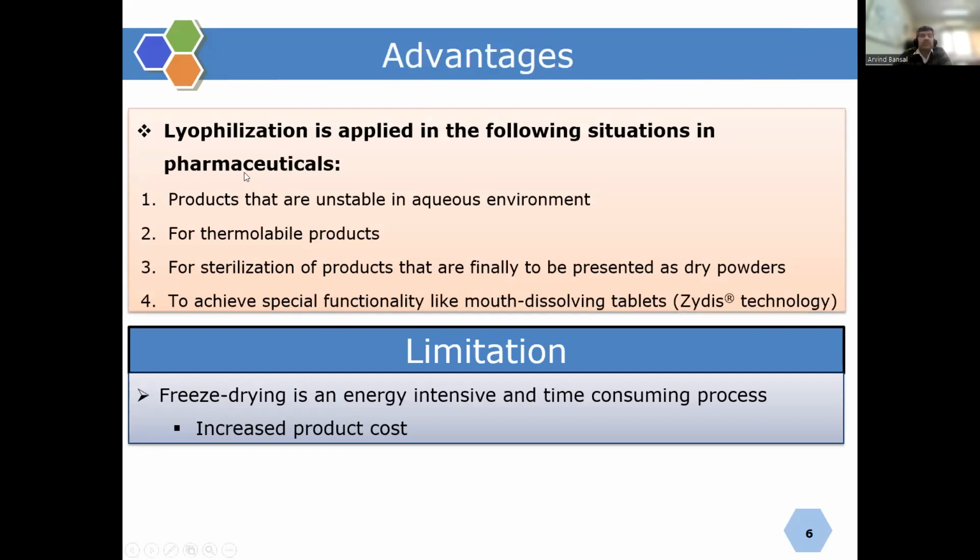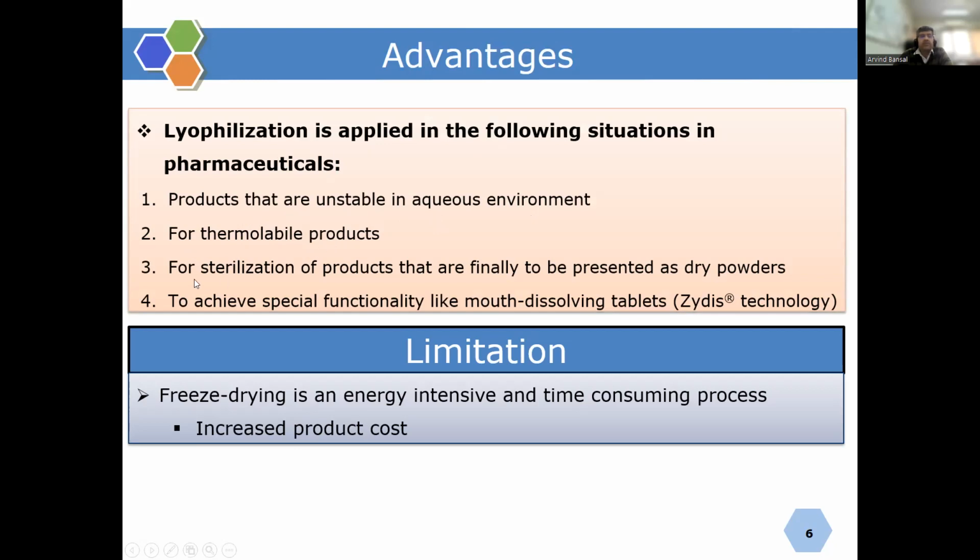In the case of pharmaceuticals, lyophilization is applied in the following situations: products that are unstable in aqueous environment and thermolabile products.